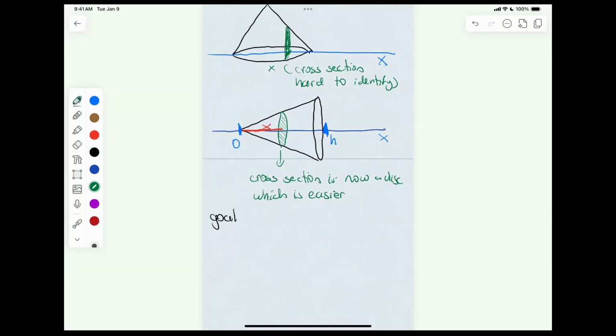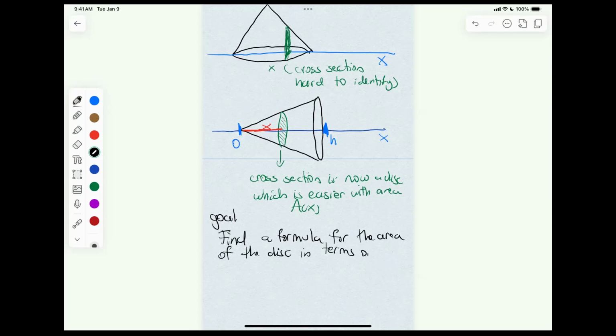Let me call it A of x. So you want to find A of x in terms of x. Is that okay?